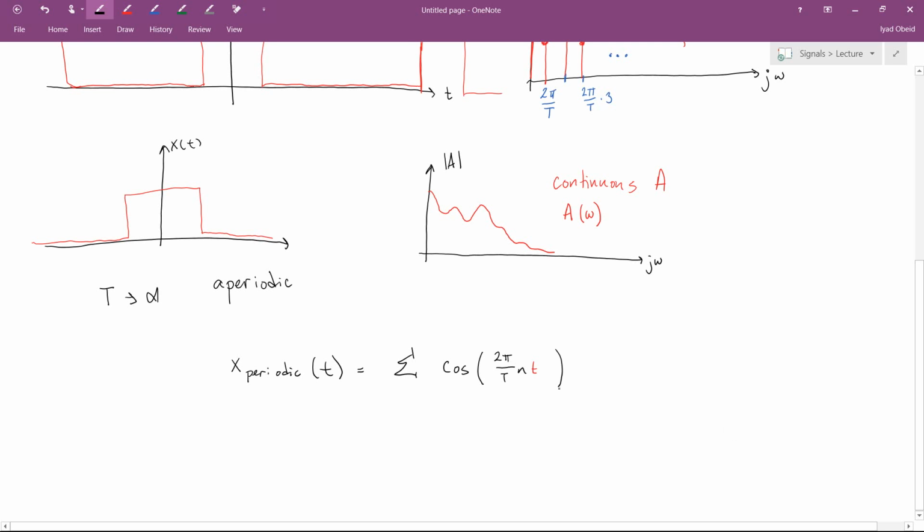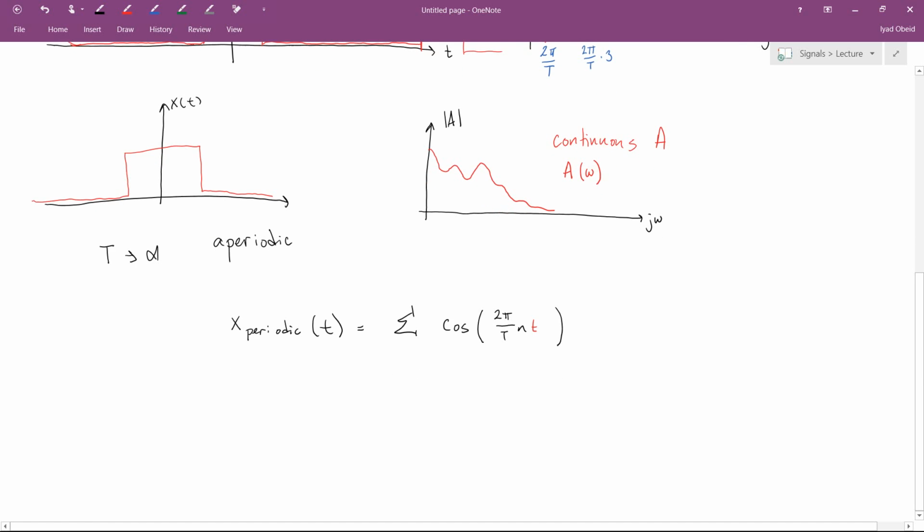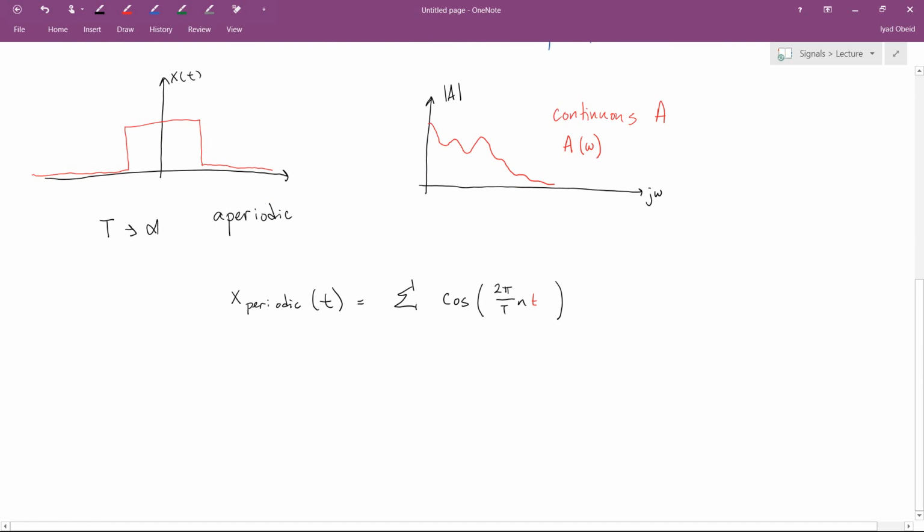Okay, and then of course there's a magnitude and a phase, but right now I'm trying to make a point about how the cosines themselves are constructed. Let's not worry about the amplitude and phase yet.